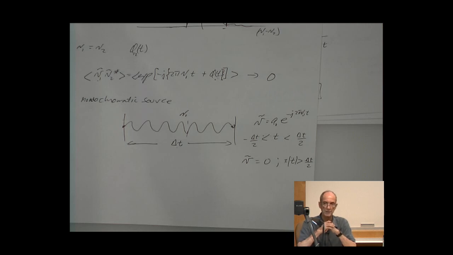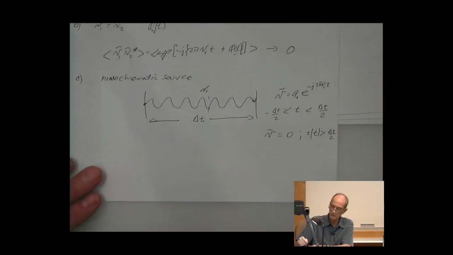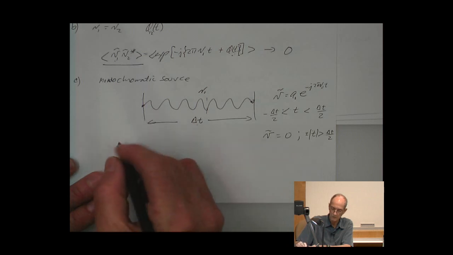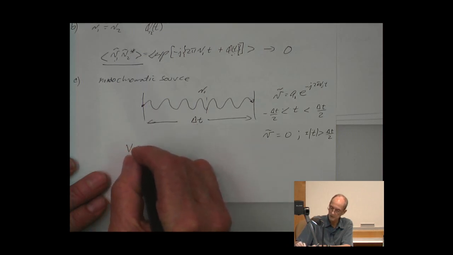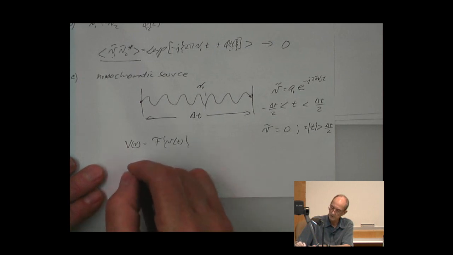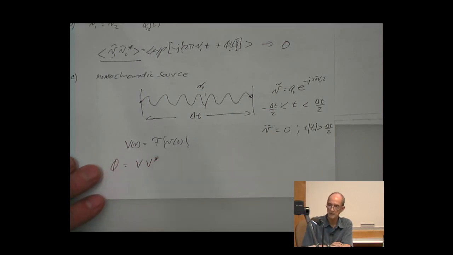We can do the same process now, where we look at this function that we have, and now let's do one other thing though. Instead of just looking at the field, if we take the Fourier transform of that, we end up with the frequency spectrum for the source, right? So if we have V of nu equal to the Fourier transform of V of t, all right, then if we take V times V star, this is equal to the power spectral density, which is V squared.